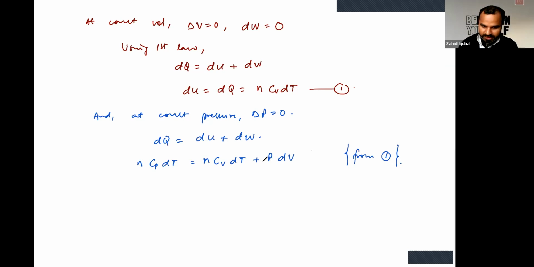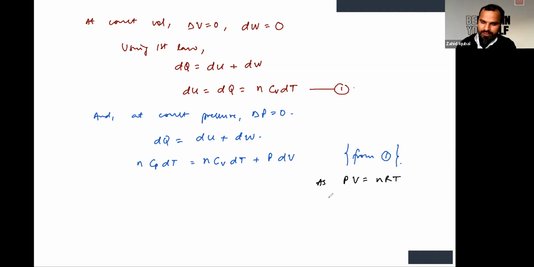Now we have to transform this PdV in terms of temperature. So we may write PV is equal to nRT, the ideal gas equation.